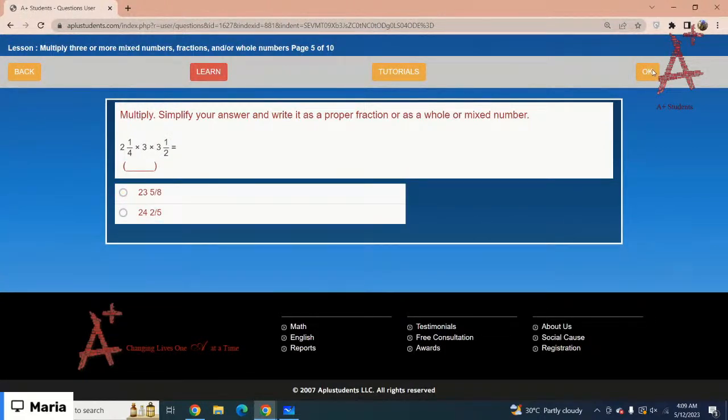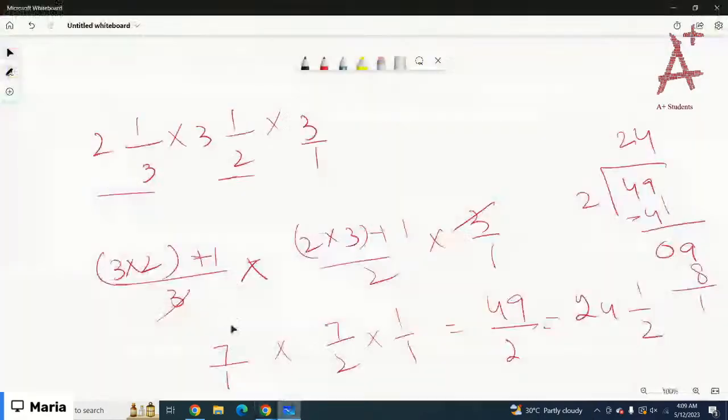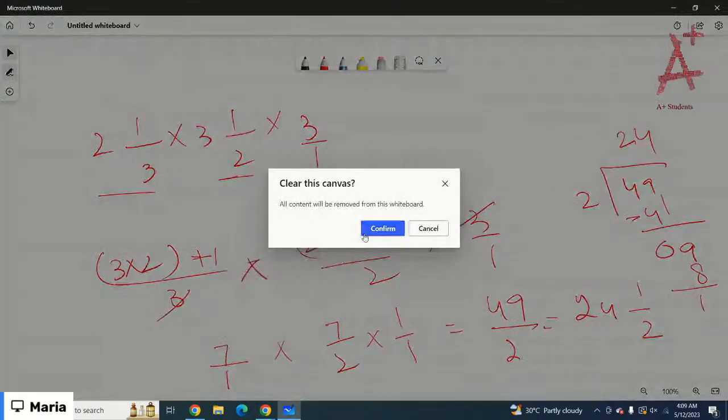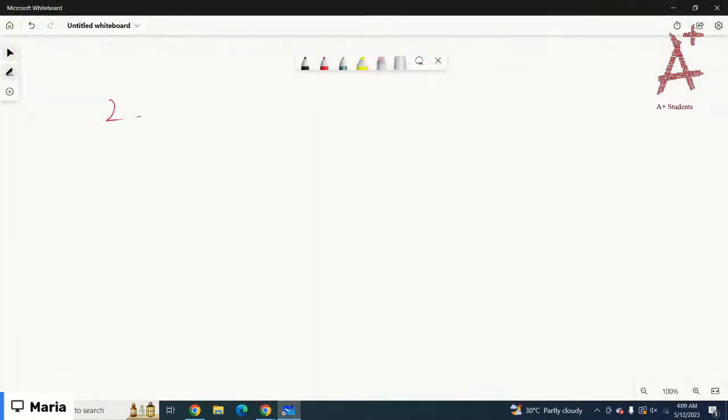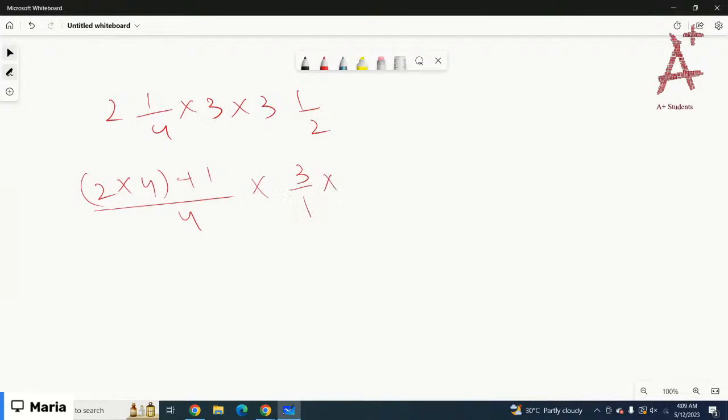2 whole 1 by 4 times 3 whole 1 over 2. Okay, let's just multiply. It would be 2 times 4 plus 1 over 4 times 3 over 1 times 2 times 3 plus 1 over 2.